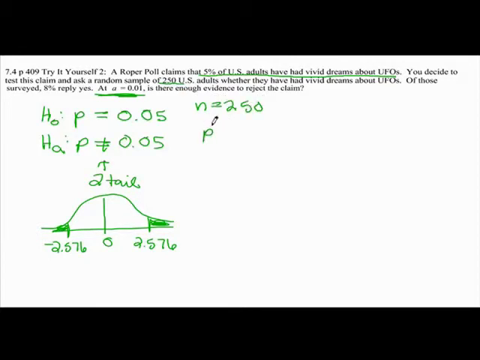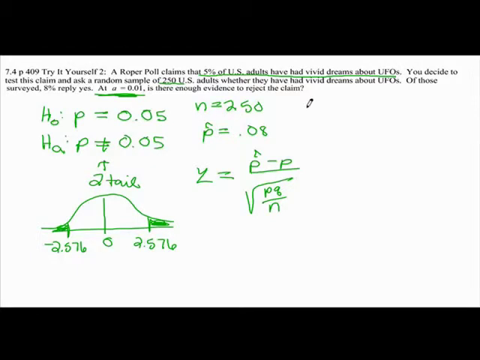We've got a p hat of what you found, which is 8%, so that'll be 0.08. Now for our formula for z, we're going to need to calculate p hat minus p over the square root of pq over n. So we've got our p hat and our p, we've got our n, we just need our q.